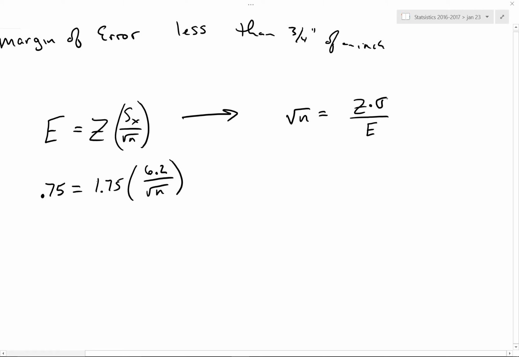Just be aware that it could show up either way. Sigma is the population standard deviation, regardless. And so n would be equal to, now this is straight up equal to, z sigma over e, the whole thing squared. That's where it's equal to.